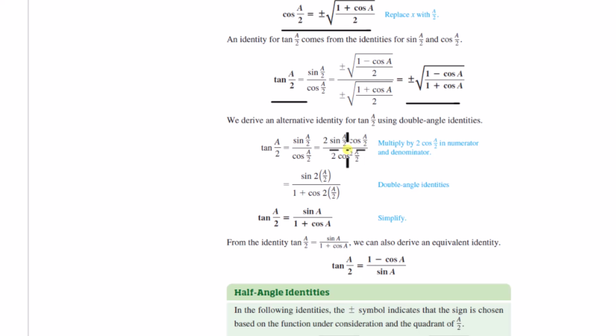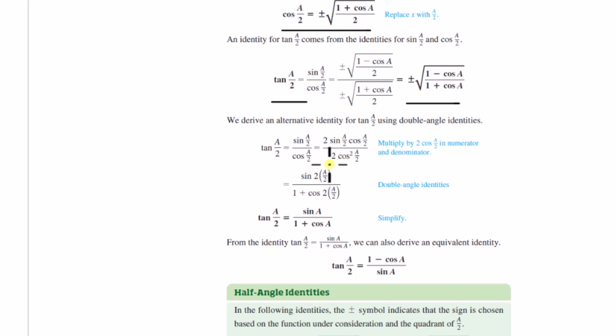You might think you couldn't use the double angle formula because it's a divided by 2, but if you think of the angle as 2 times a divided by 2, then you can apply the double angle formula on anything, and they convert the numerator to sine of 2 times a divided by 2.